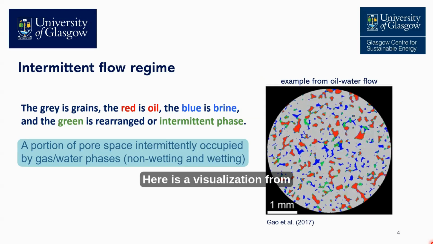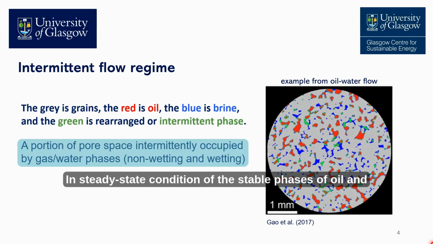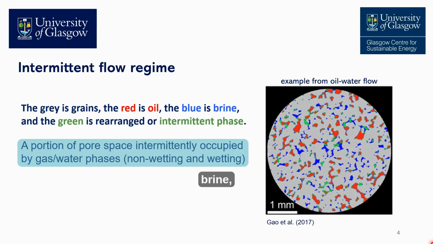Here's the visualization from oil and water flow. This is a 2D slice of a steady state flow of oil and brine in a rock sample. We can say that even at the steady state condition of the stable phases of oil and brine, there is an intermittent phase that occupies a portion of the pore space.